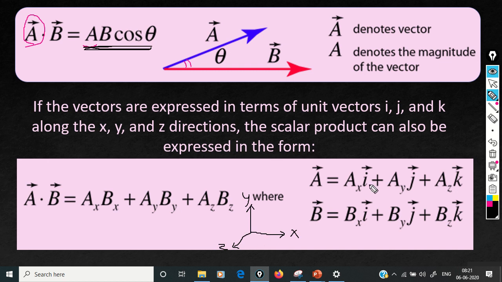So when I take x dot y, the angle is 90 and cos of 90 is 0. That is why I am getting only ax bx, ay by, az bz. I dot j, angle 90 degrees, so it comes out to be 0. J dot k, angle is 90 degrees, so the term becomes 0. K dot i, angle becomes 90 degrees, so the terms vanish. We are not getting those terms.